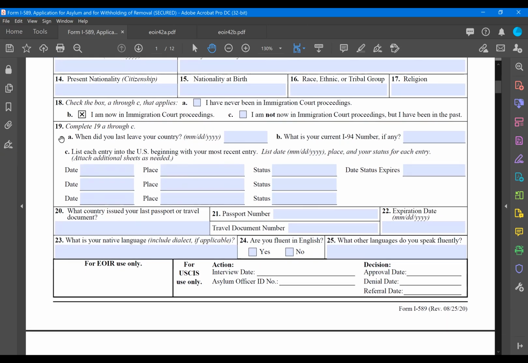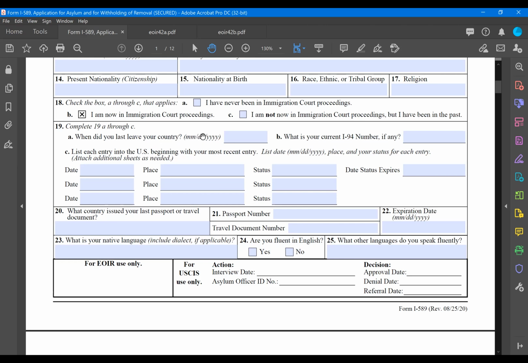Question 19 asks about travel to the United States. So for some people, they've traveled multiple times before and have even come legally. For some people, this is their first time and they came without permission or inspection. A big difference here, something to watch for, is question A and C ask different things.